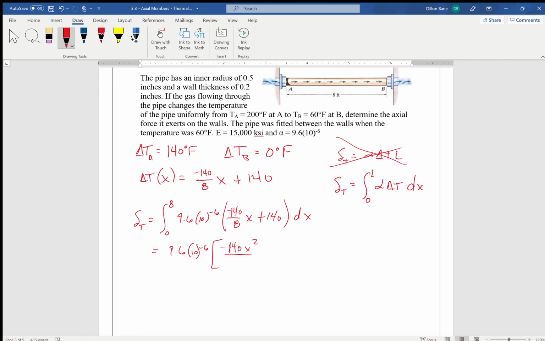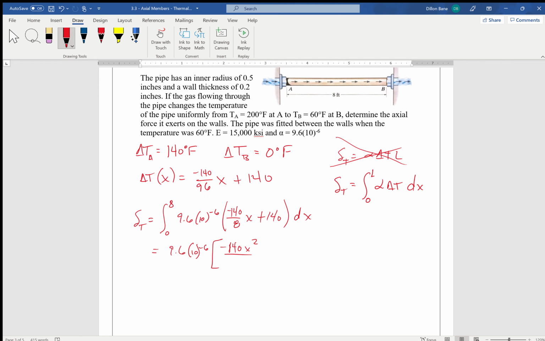I'm sorry guys, I have messed up. I'm looking at my notes now. Let's fix this real quick before we get too far. Our delta T of x, let's just change it to where it's in inches. Our delta T of x changes from 140 to 0 over 8 feet. Let's change that 8 feet to 96 inches.